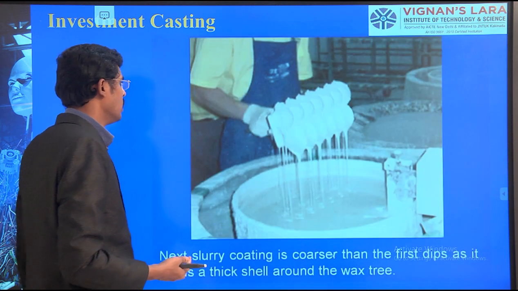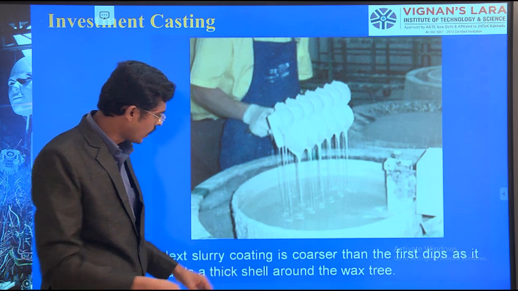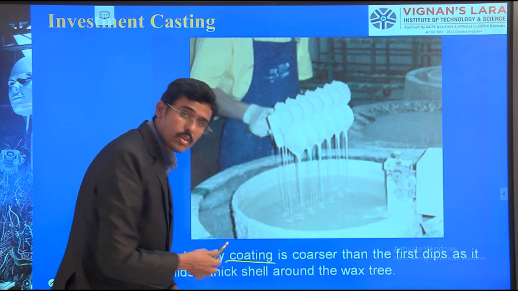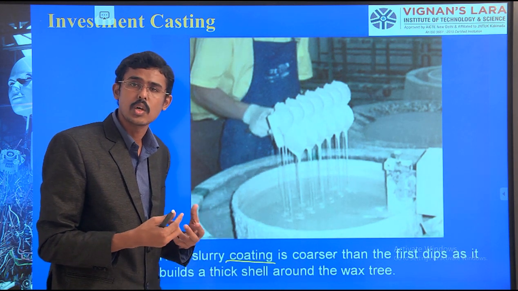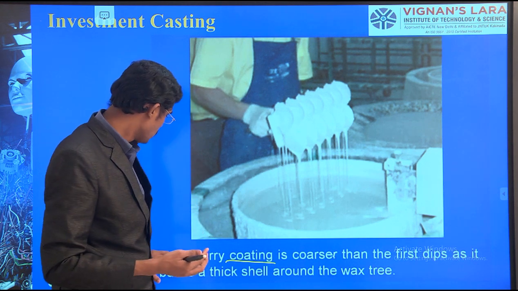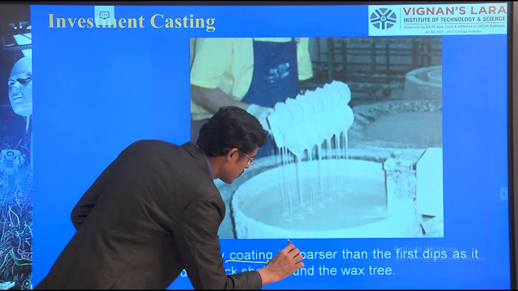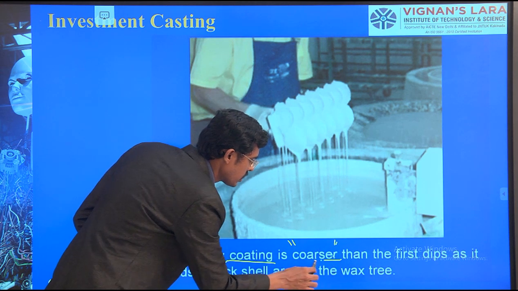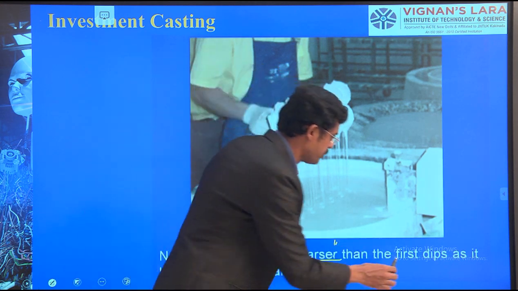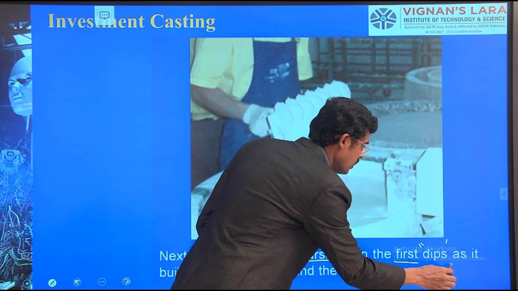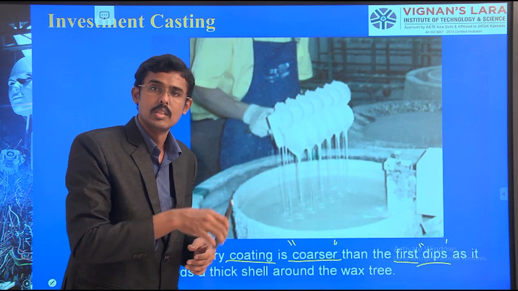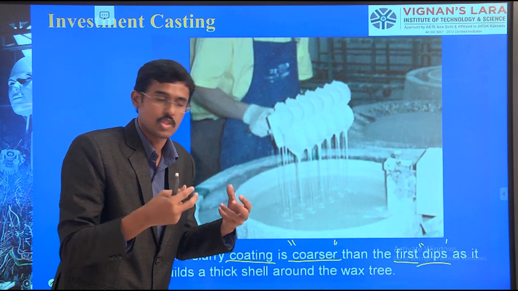The next slurry coatings: I told you 4 to 5 coatings are to be done, each coating about 2 mm. The next slurry coating is coarser than the first dip. We have to do 4 to 5 dips. Then only it will become thicker and stronger.